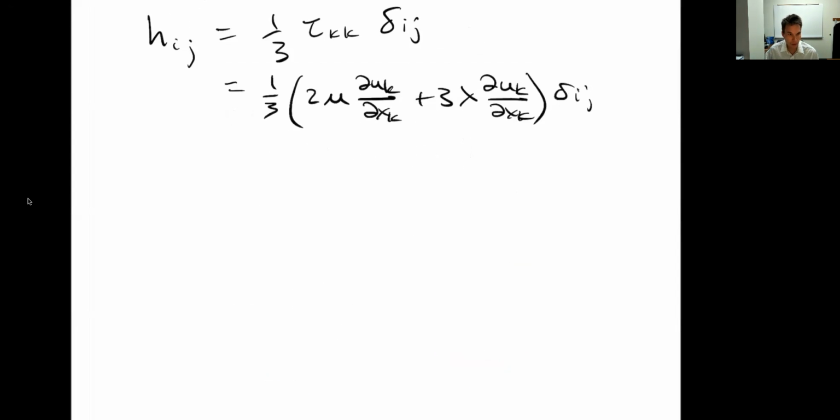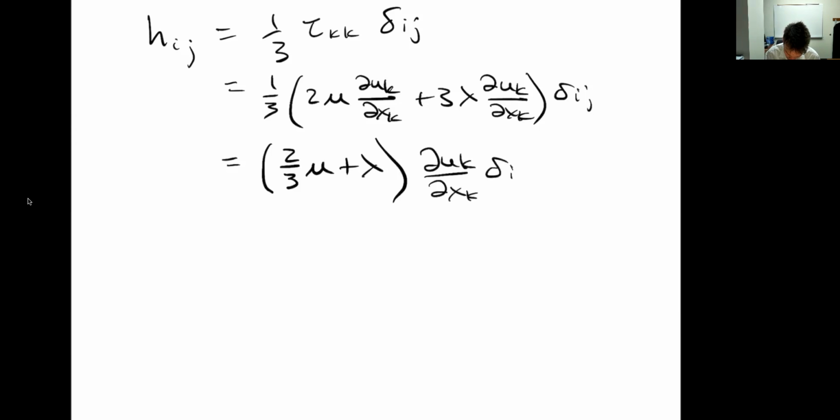If I simplify, I get 2/3 times mu plus lambda times my divergence times the identity here. And this new quantity, we call the bulk viscosity, and that's a kappa, okay? Bulk viscosity.